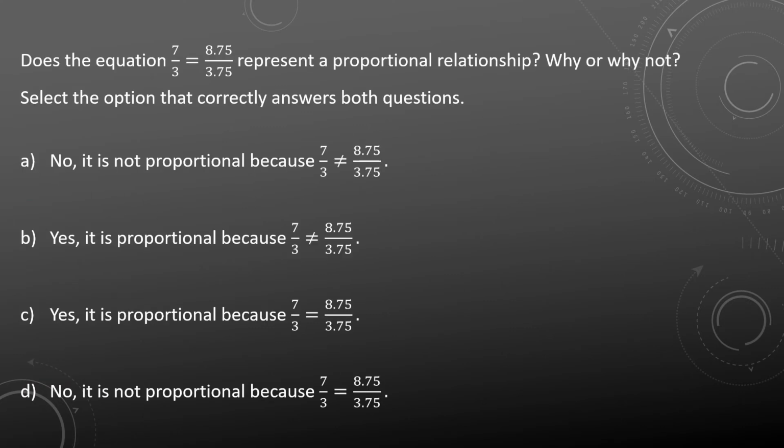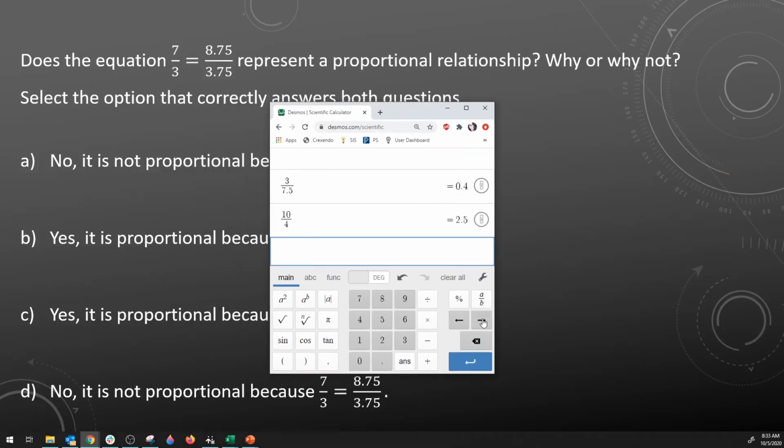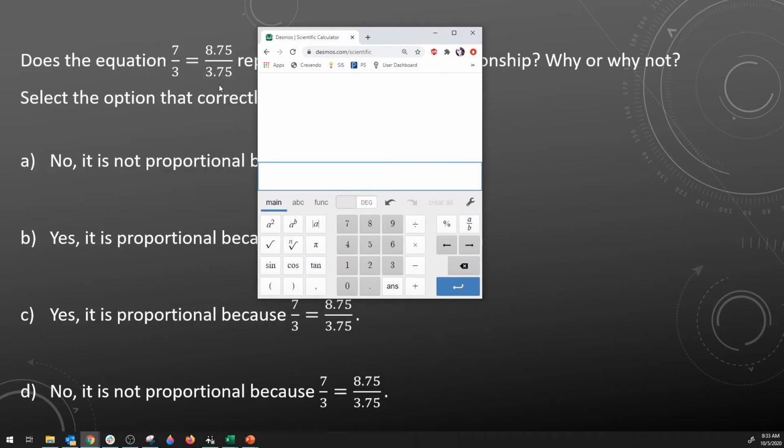The next one says, does the equation 7 over 3 equal 8.75 over 3.75 represent a proportional relationship? Why or why not? Okay, well first of all, let's just type this into our calculator to see if we get the same thing. So I have 7 over 3, and I have 8.75 over 3.75.